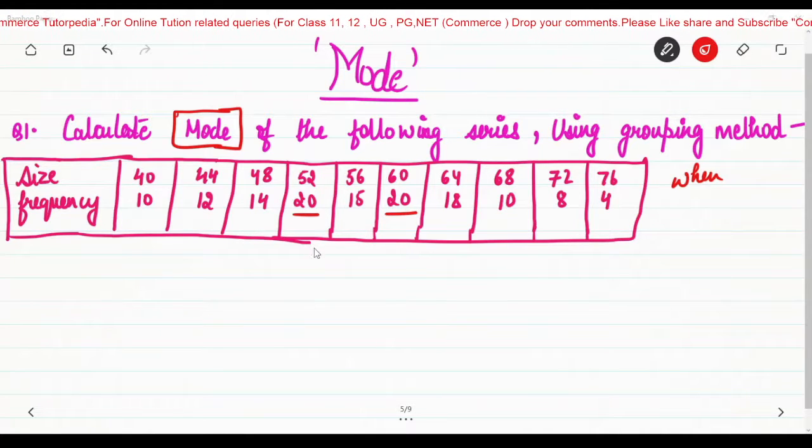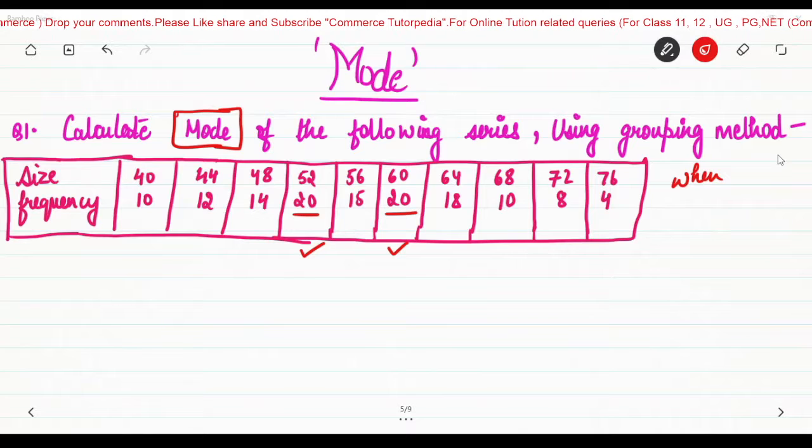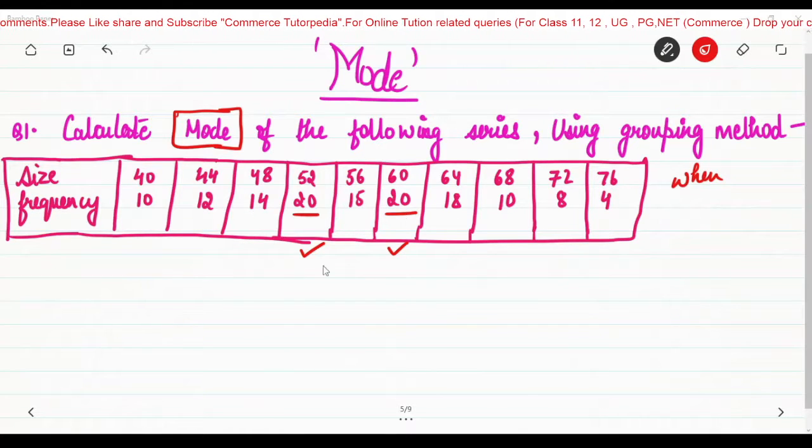So mode could be concentrated either over here or over here. So there is a confusion in the calculation of mode, and when there is such a confusion, we use the grouping method. There are a few steps that we need to follow in order to solve this question by the grouping method. So let us start our solution.